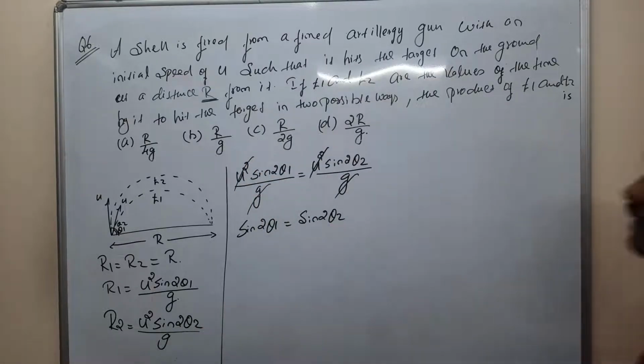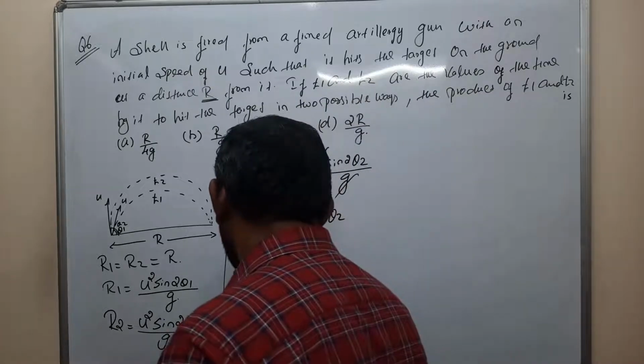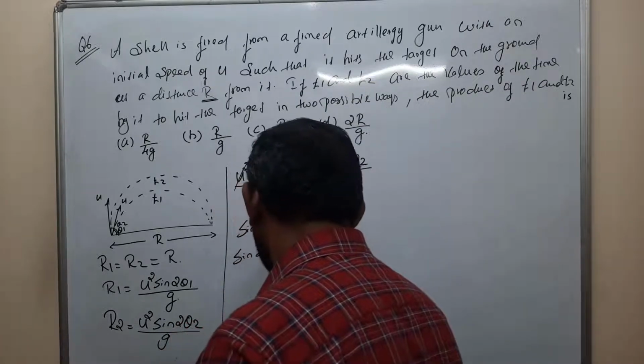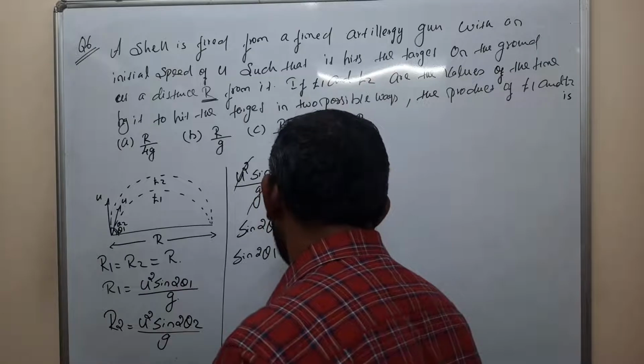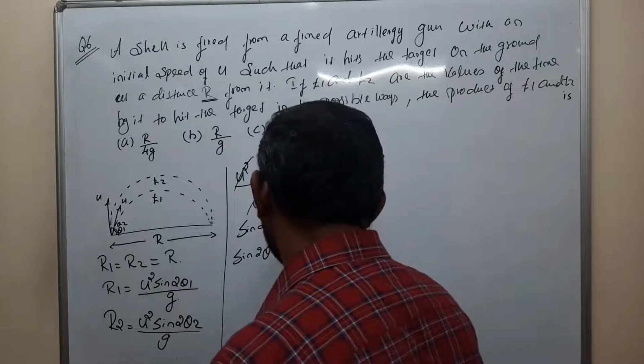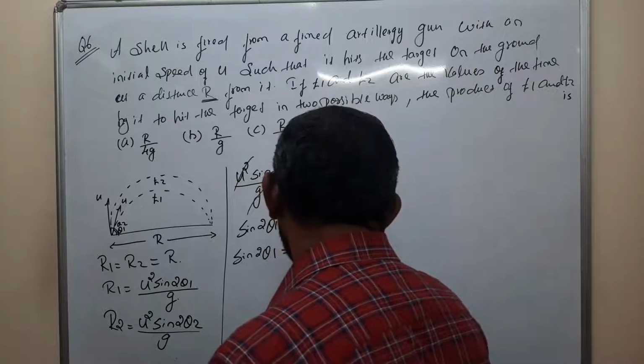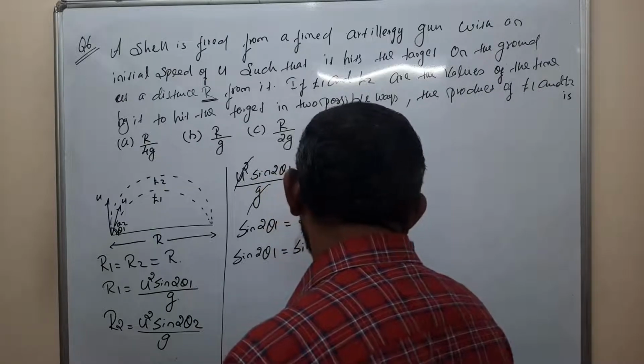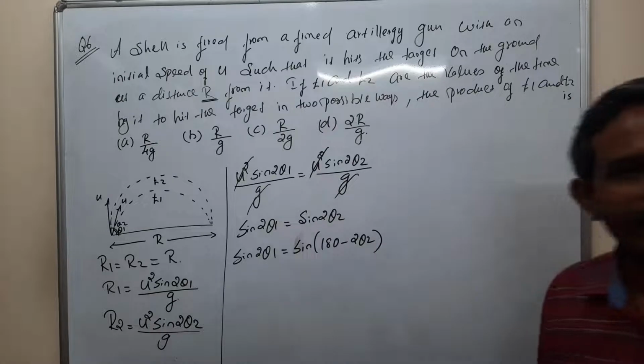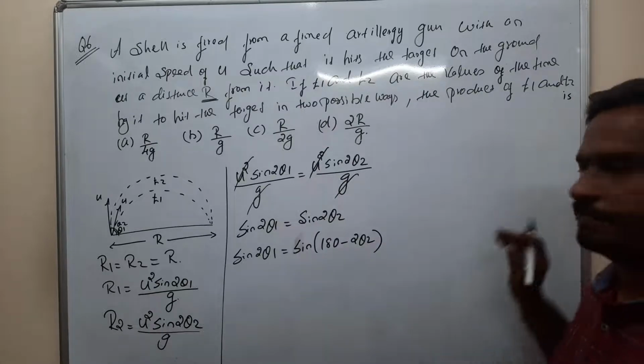Clear? So I am writing, that is sin 2 theta 1 is equal to sin of 180 minus 2 theta 2. So sin of 180 minus theta is sin theta.